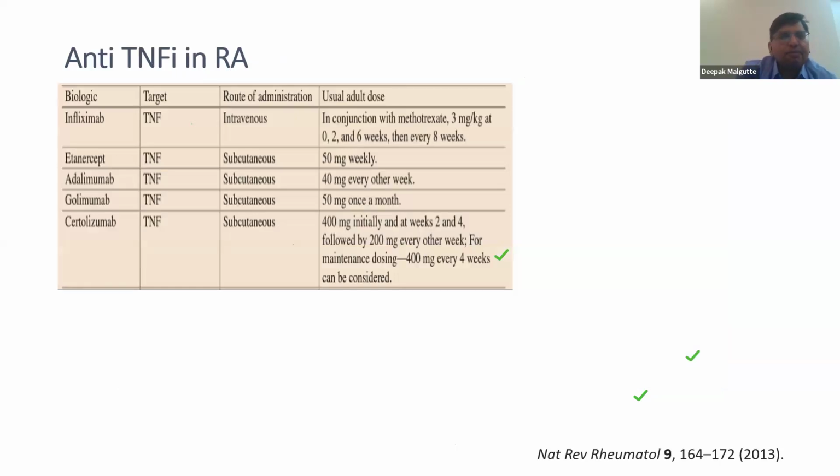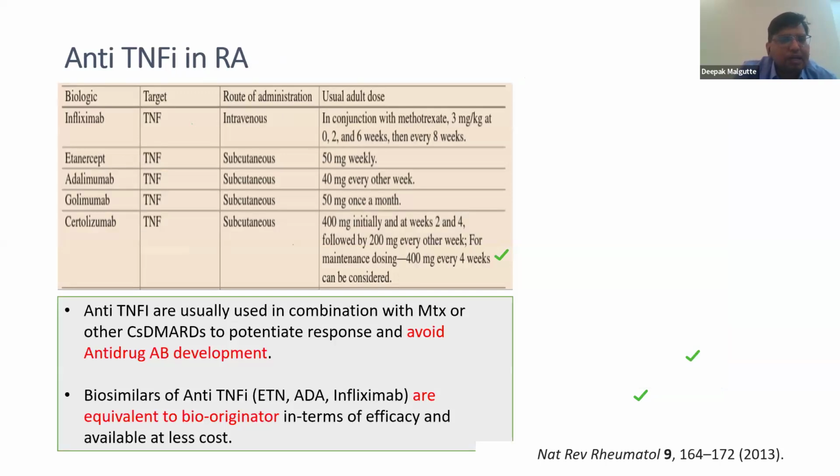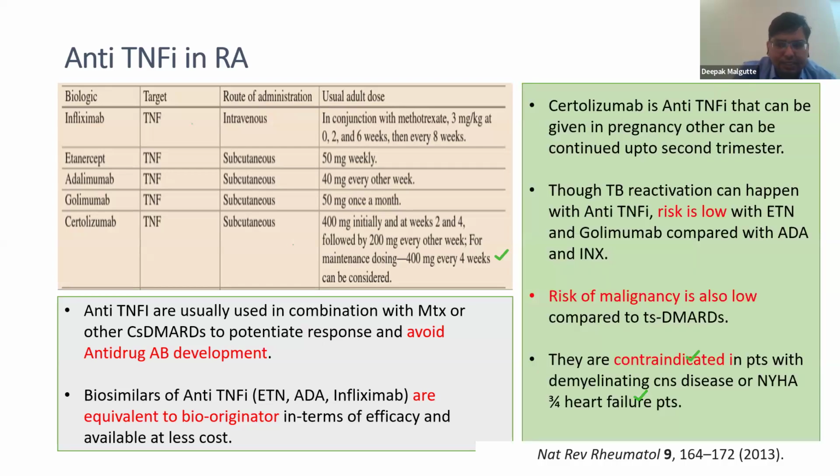Now, the various anti-TNF agents which we have are infliximab, etanercept, adalimumab, golimumab, and certolizumab. The problem with these anti-TNF agents is the development of anti-drug antibodies. There are various biosimilars of these biologics available, and they have been shown to be almost comparable to these biologics.